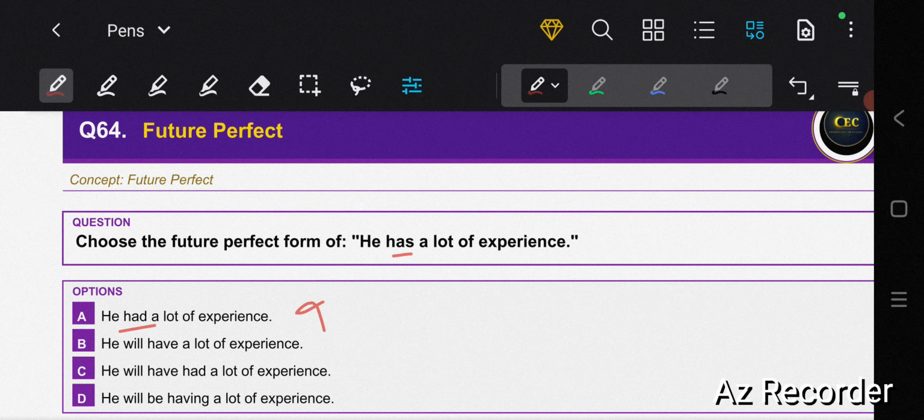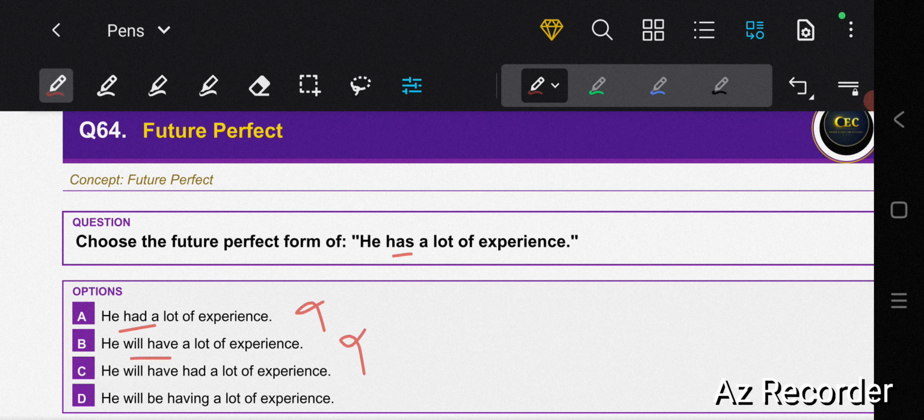"Will have a lot of experience" is not in the correct form, as per the instruction.